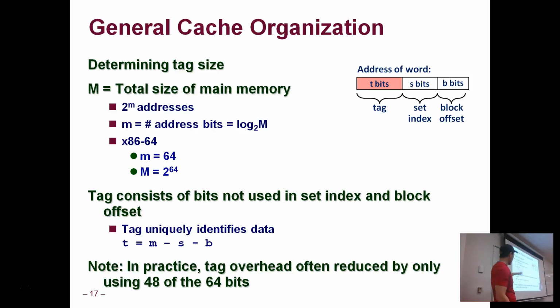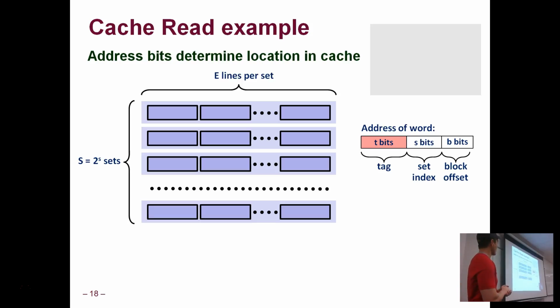So it's often the case in 64-bit x86 that there's only 48 bits really being used. 2 to the 64 is so massive that a whole bunch of the address space is not used. So you only store 48 bits in the tag. I put that there just as extra information. Okay.